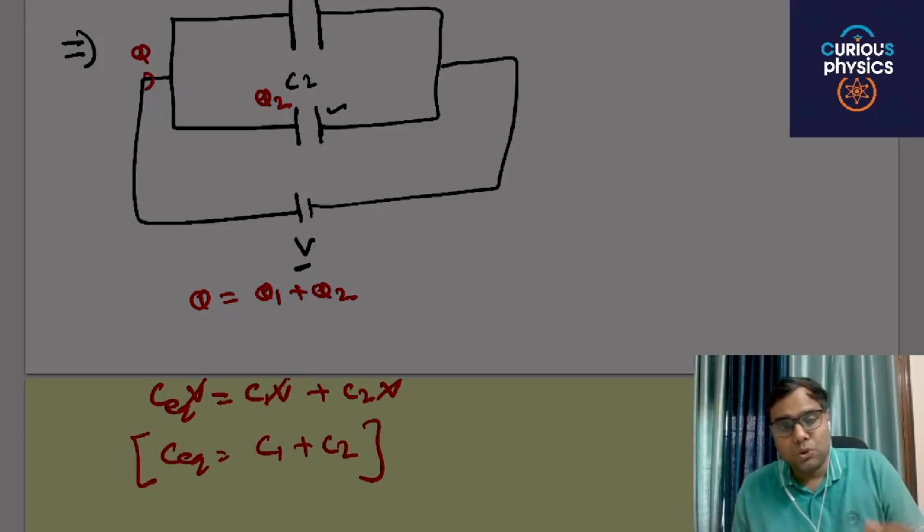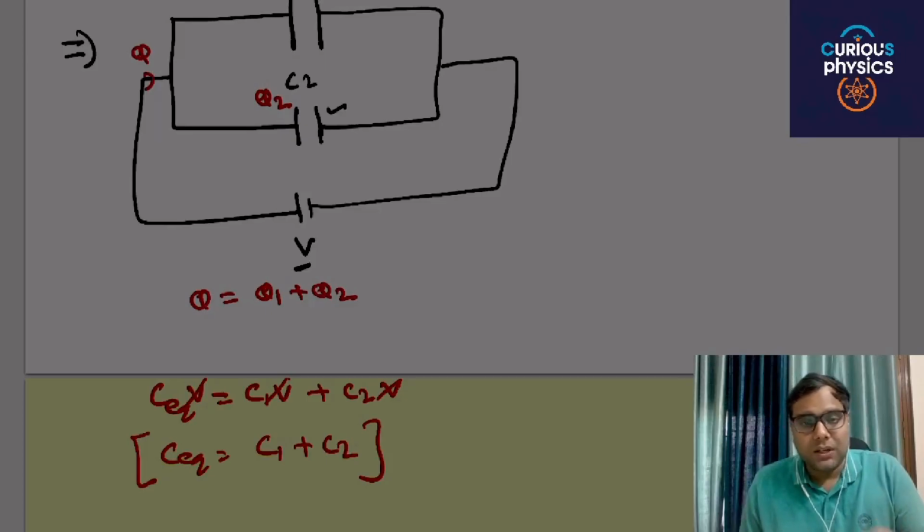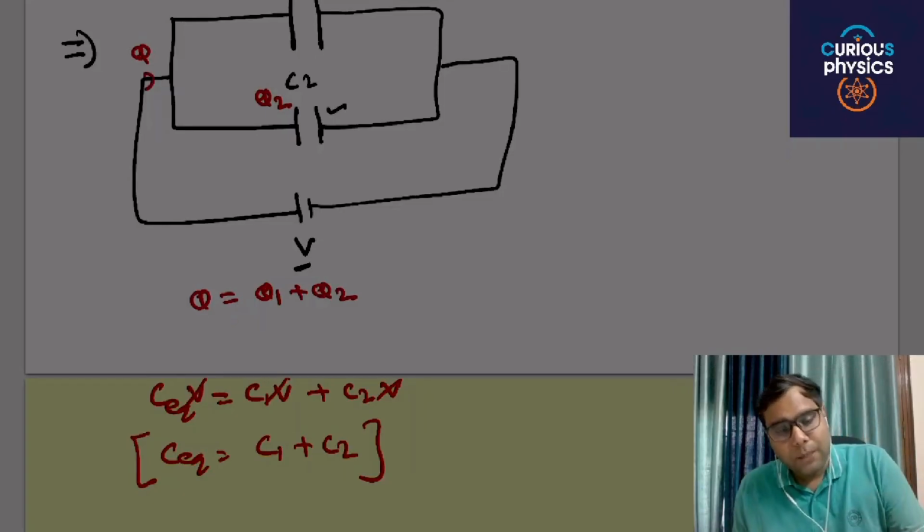So remember these two. Another point you can add: in parallel combination, the capacitance of the arrangement or circuit will increase, but in case of series combination, it will decrease. In series combination, the potential across each capacitor is not equal, but the charge is the same.